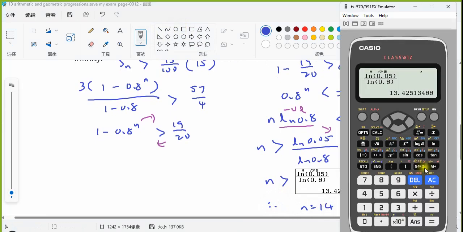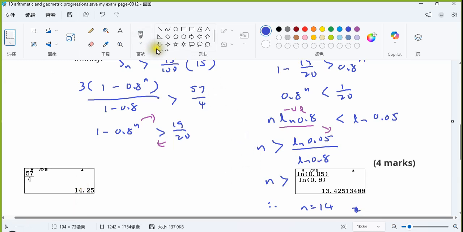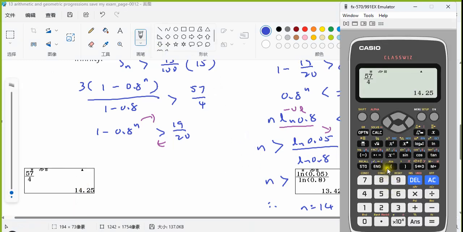Okay, so the 57 over 4 is 14.25. We check the answer. And then S14, we have 3 times 1 minus 0.8 power 14 over 1 minus 0.8.